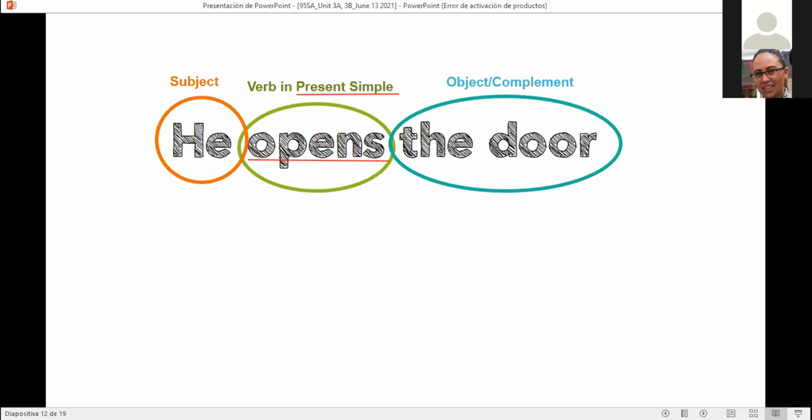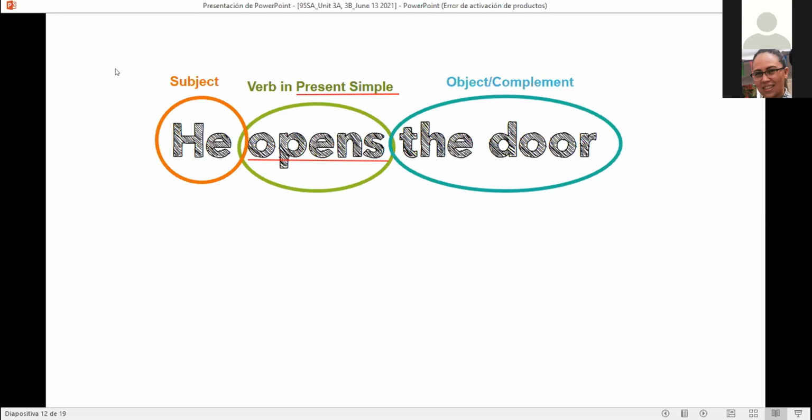So, if we want to make this sentence into a passive voice, how would we do? ¿Cómo haríamos esta oración? Para transformarle a voz pasiva. Teacher sería the door opens.